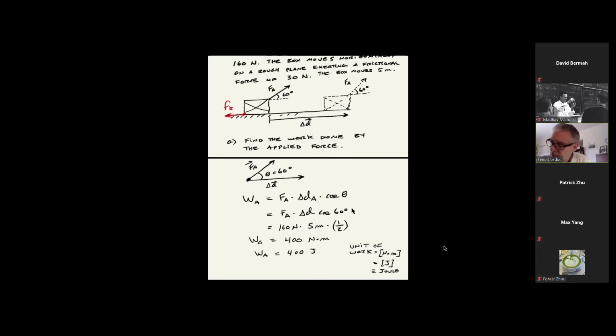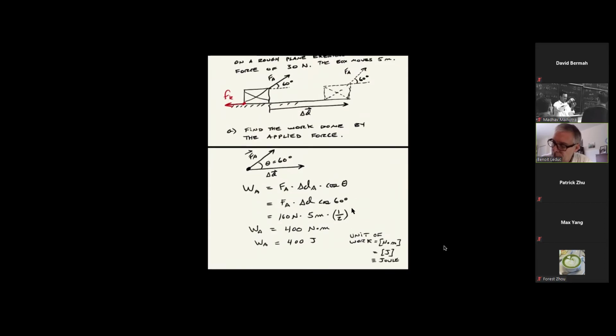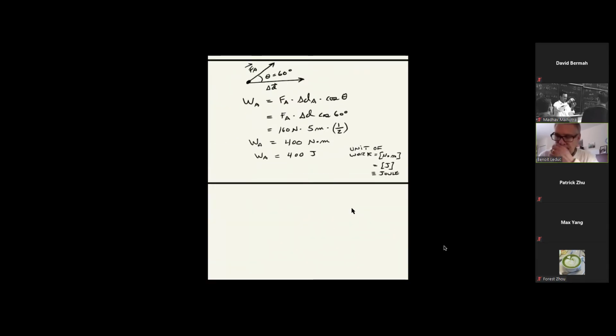All right, the next thing here is the net work. The net work done on an object, so I'm going to call this W net. The net work done on an object is the addition of all the forces acting on the object, all right?